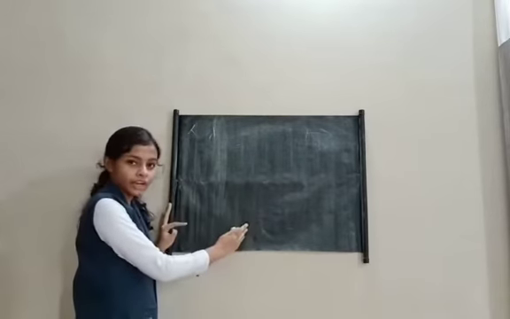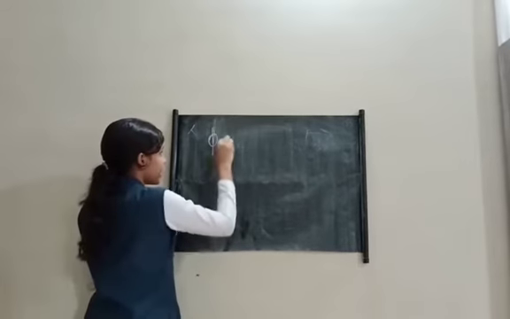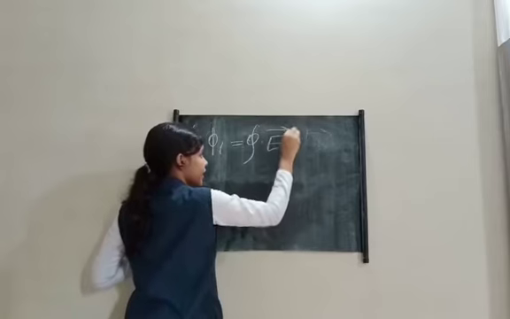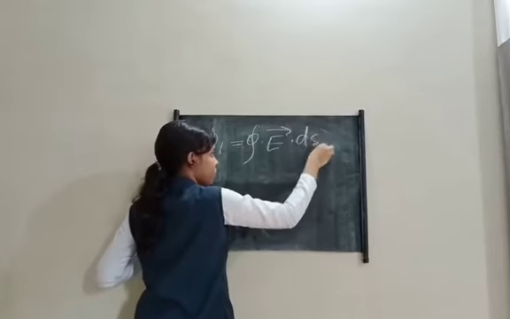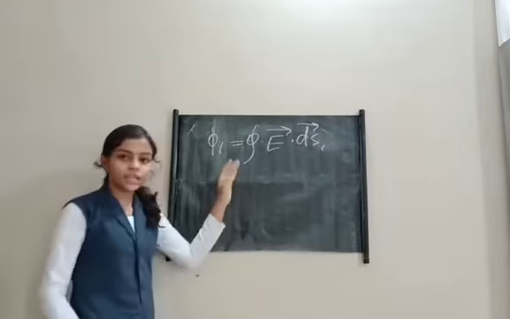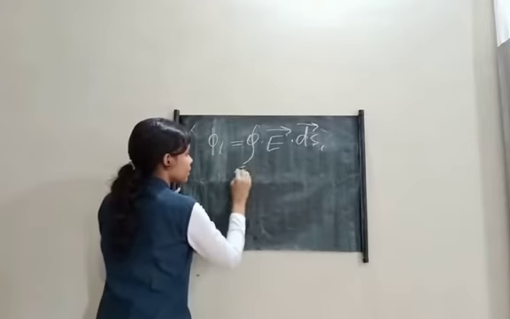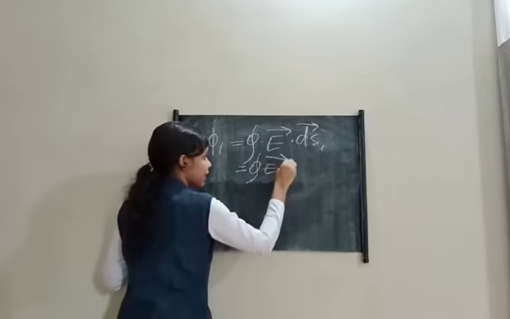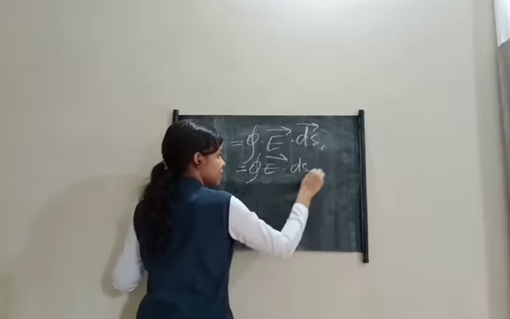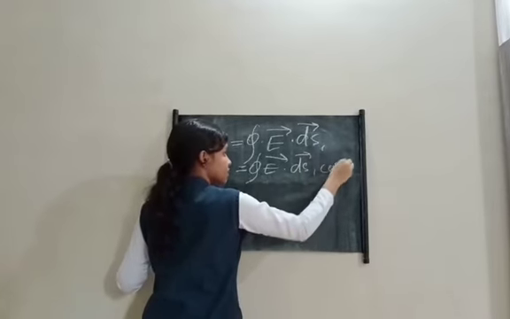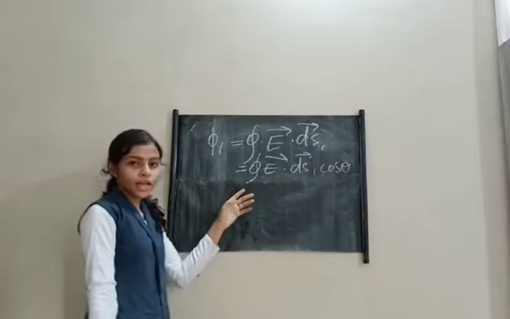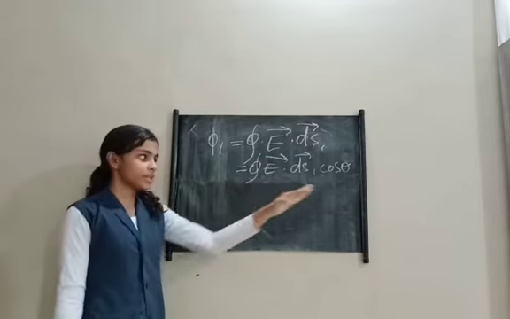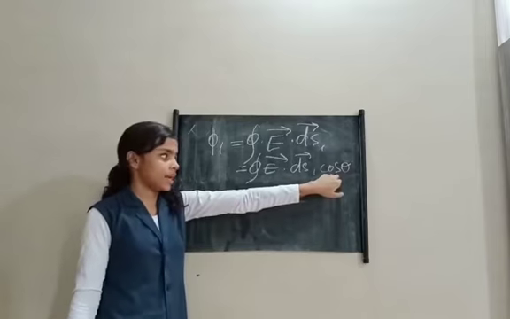Then we can write phi1 as phi1 equal to closed integral E dot ds1 in the dot product form, equal to closed integral E ds1 cos theta. We know that theta is 90 degrees in surface 1. So we can substitute the value of cos 90 here.